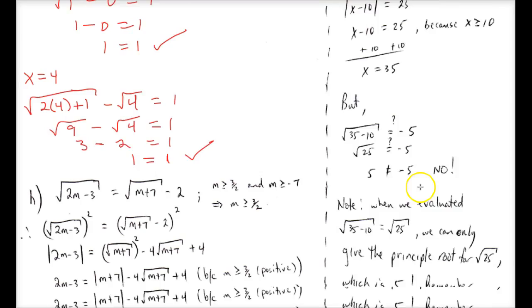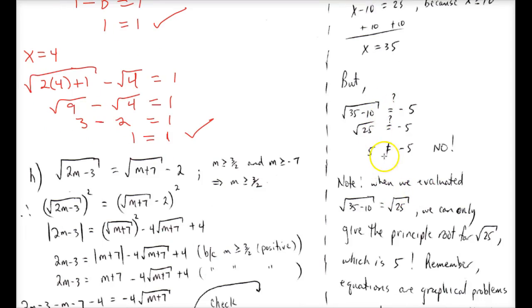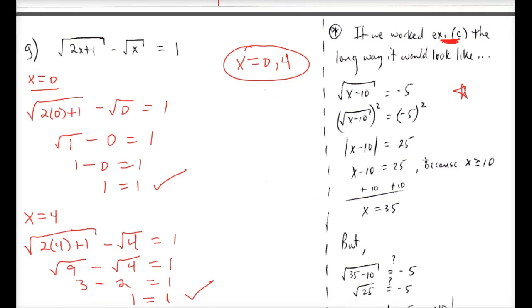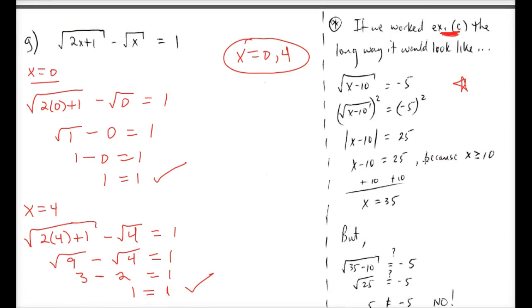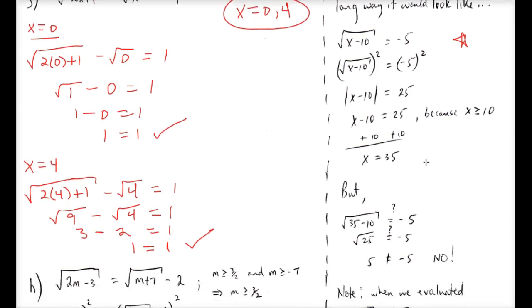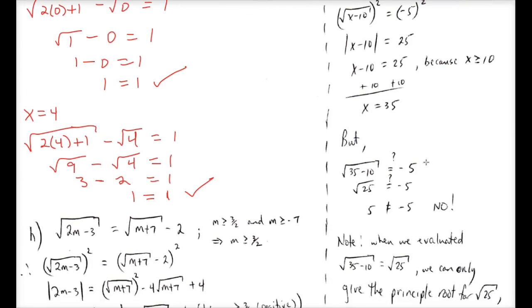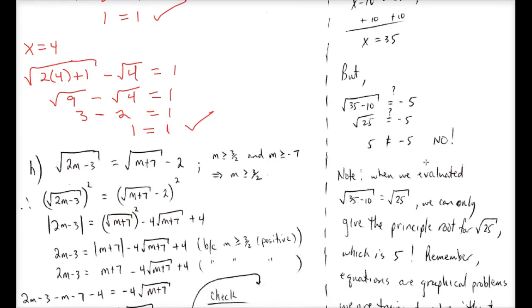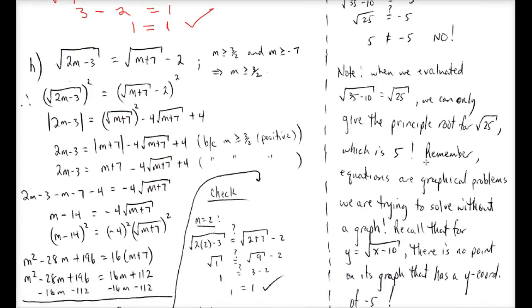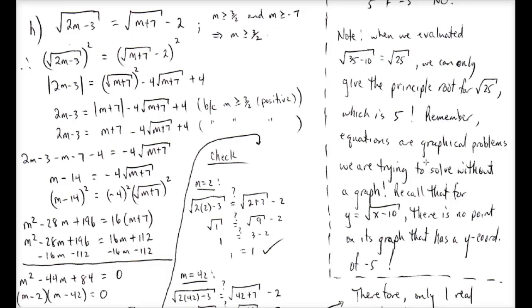But you see here that when we work it out, 35 would work when y is equal to 5, not y is equal to -5. So this was just an addition I added on for example C that I couldn't fit on that page, that explained from an algebraic perspective why we had no solution there.